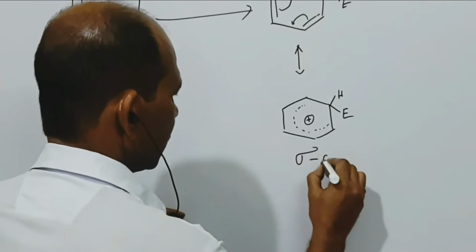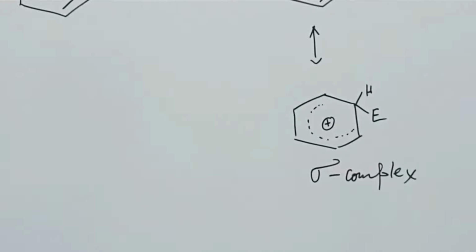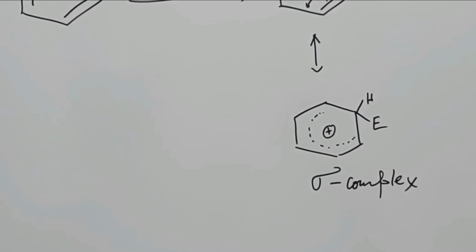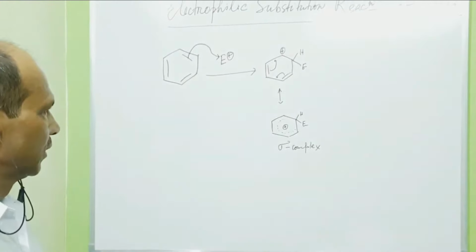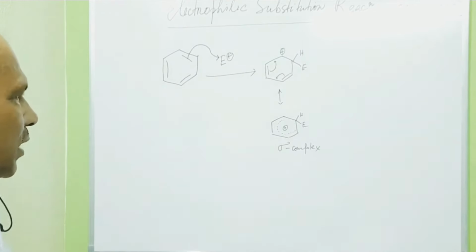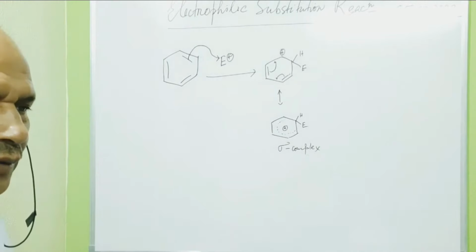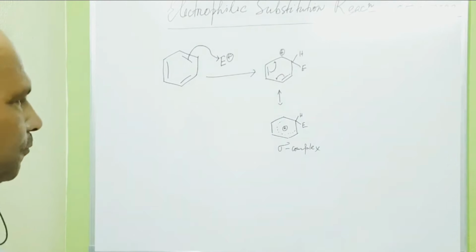This is the sigma complex. But to explain the reaction mechanism, we need not use the sigma complex, but this is a fact. Because this carbocation is stabilized through resonance and forms a resonance hybrid which is called sigma complex.